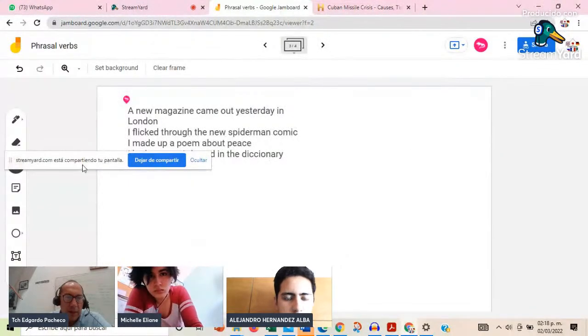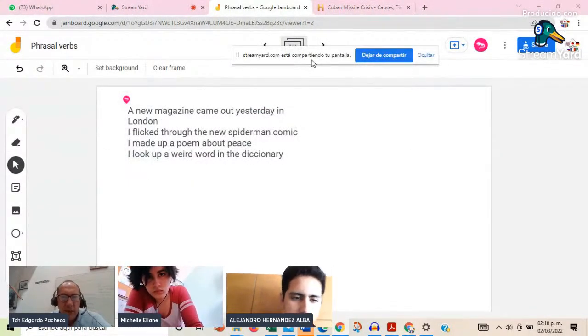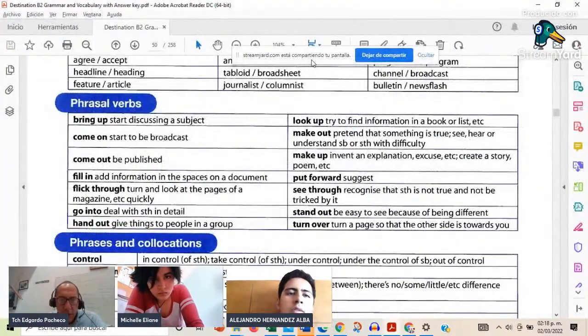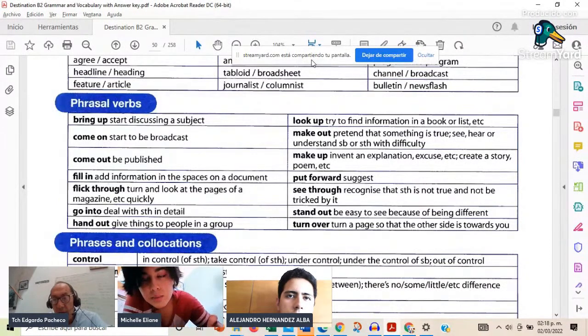Mickey, Mitch. A new magazine came out yesterday in London. Spider-Man comic. Teacher, turn over could be like, well, talking about directions. Yeah, you give directions.